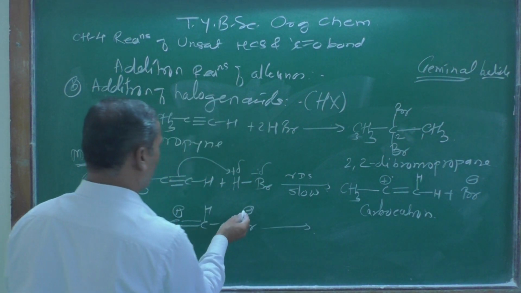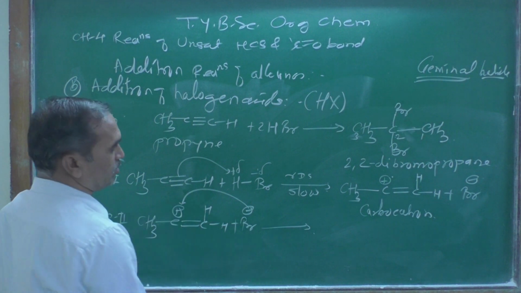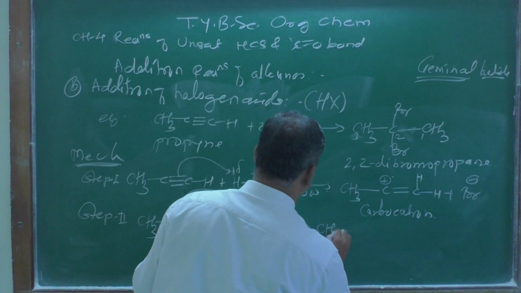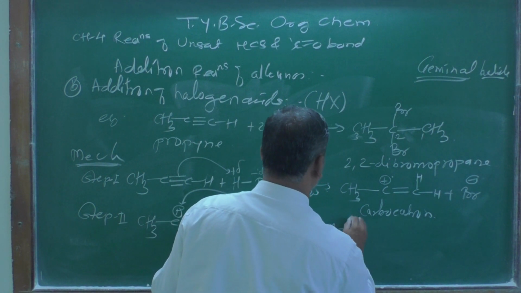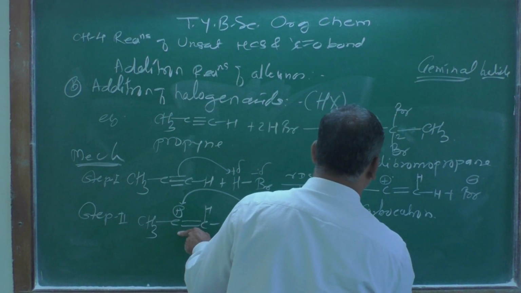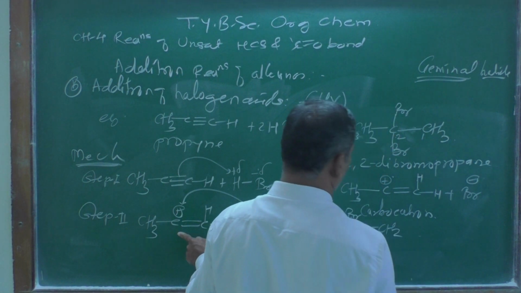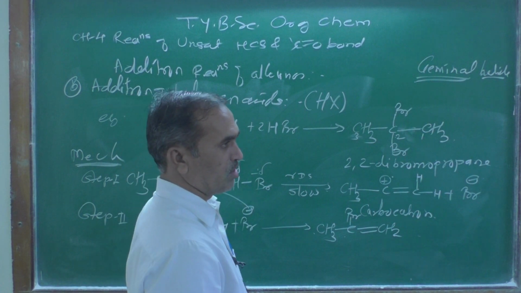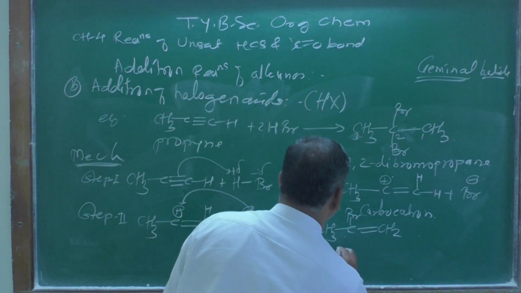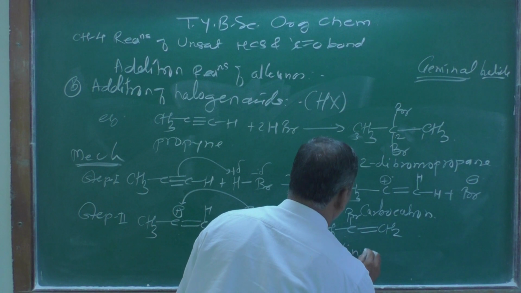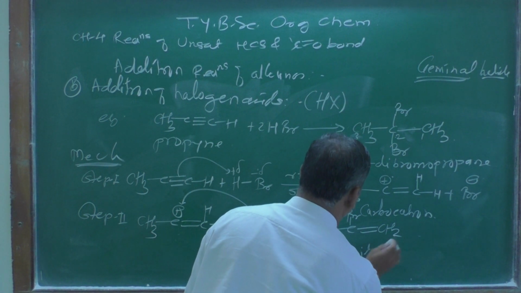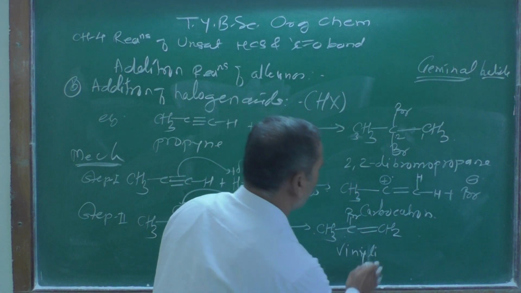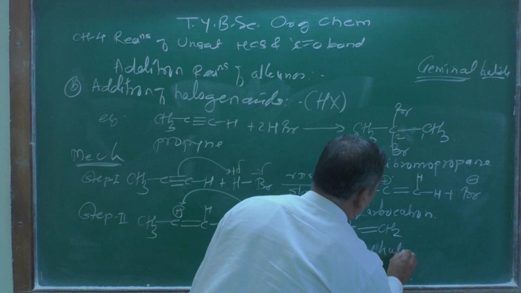Now this Br minus attacks that carbon atom, and the resulting compound obtained will be this one, CH3, C, Br, double bond, CH2, and this type of halide is called a vinyl halide. Vinyl halide we can call it.